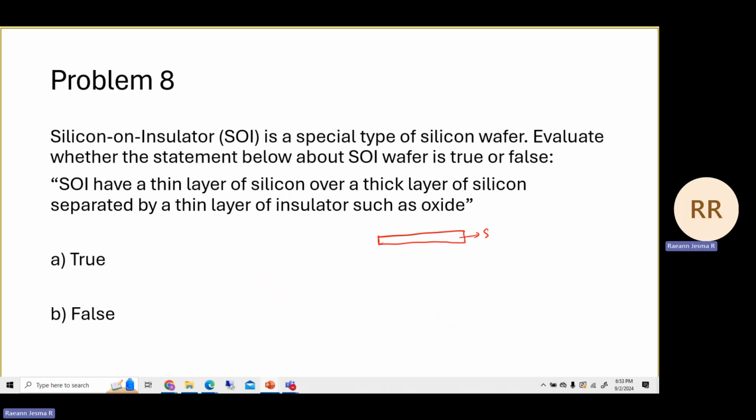So this is silicon. Then here we have silicon dioxide. Then we have a thick wafer of silicon. So is this correct?